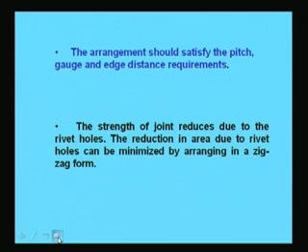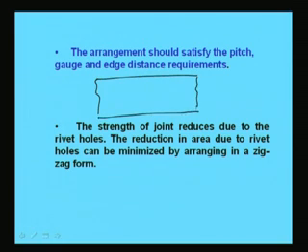Another point to remember is that the arrangement should satisfy the pitch, gauge and edge distance requirements. The code has given some provisions for gauge distance, edge distance and pitch distance, and those have to be satisfied as per the codal provisions, like a minimum pitch distance of 2.5 D. All the codal provisions we discussed earlier have to be maintained.